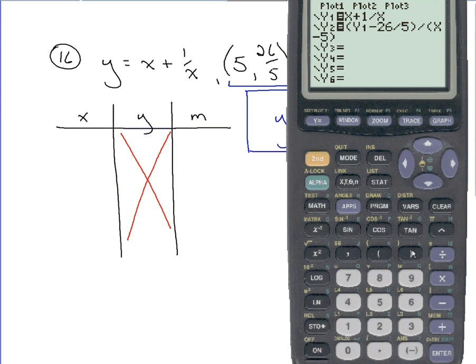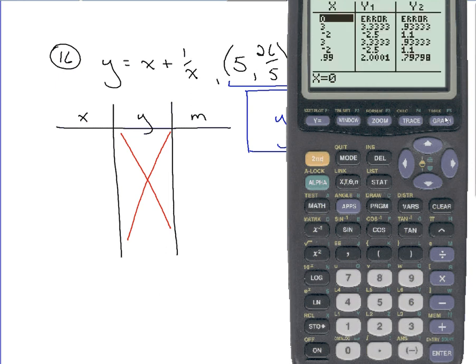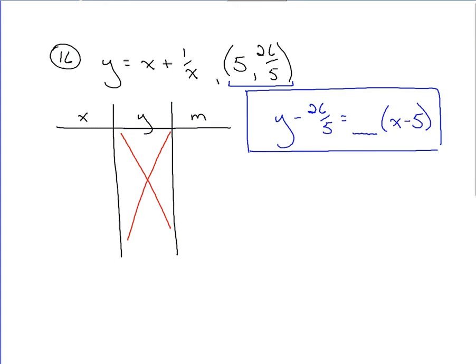So now I'm going to go to my table screen. And on the table screen, well, let's see, I don't have any given x values here, right? But if I look at the x value at the given point, the x value at the given point is 5. So I should choose numbers for x that are getting closer to that value of 5.